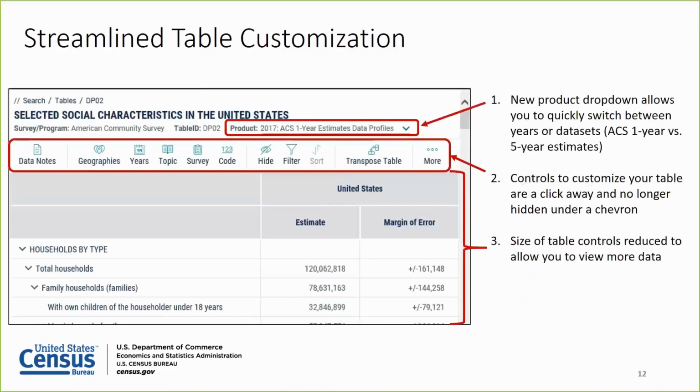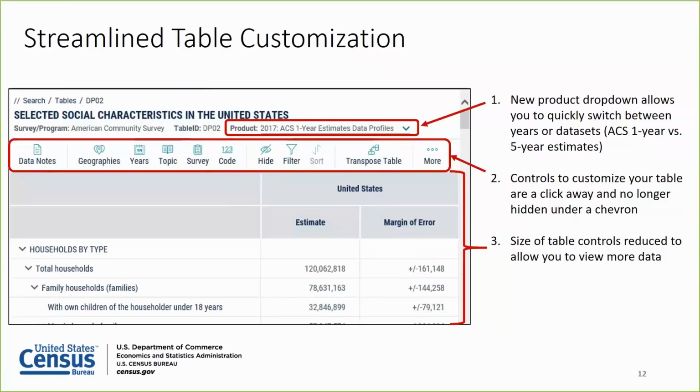So some of the things that you'd be able to see, and one of our bigger visual changes, is our streamlined table customization, where we've tried to make things a little easier, not as hidden as before, a little bit smaller and more streamlined, and also using iconography that many people, or at least some people, are used to.